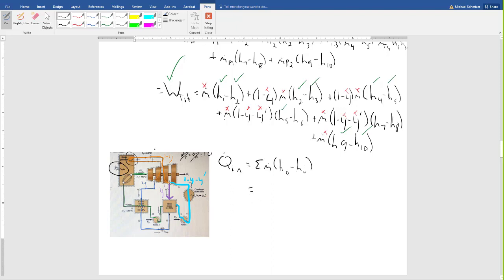So all of the mass flow rate gets the first heating cycle, I guess, right? m dot times h out minus h in. So this is going to be h1 minus h11, and the second time is going to be plus m dot times 1 minus y, times h4 minus h3.